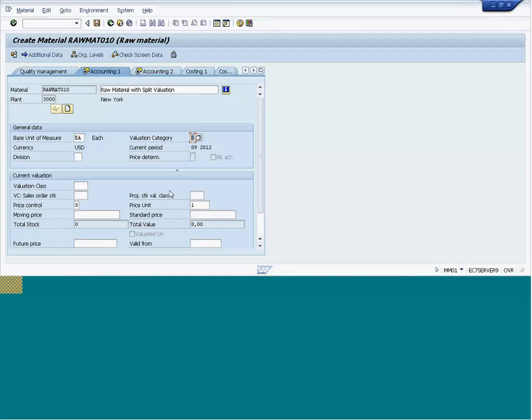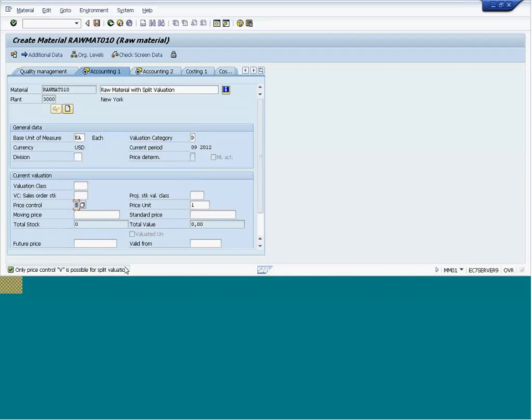Now you are expecting that you create this material with split valuation. The moment you say creation with split valuation, the price control here has to be V, moving average price. I cannot give S, because only price control V is possible for split valuation.